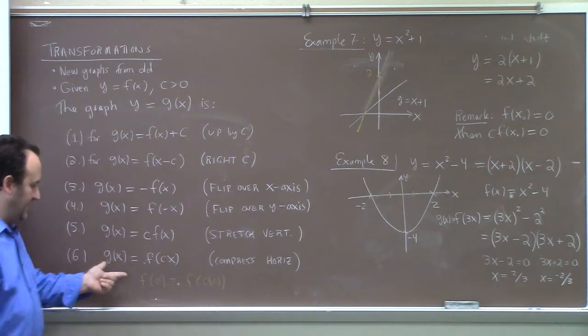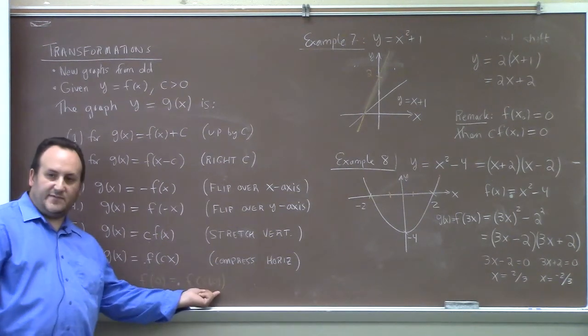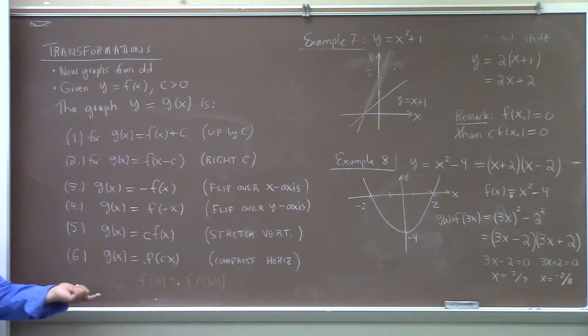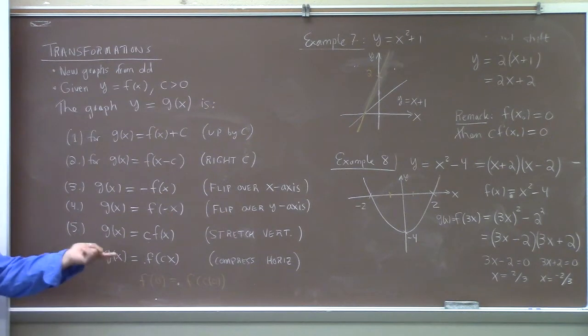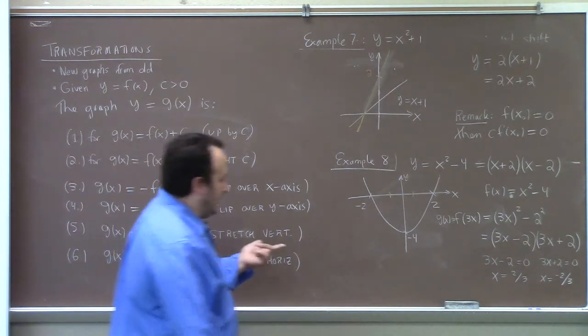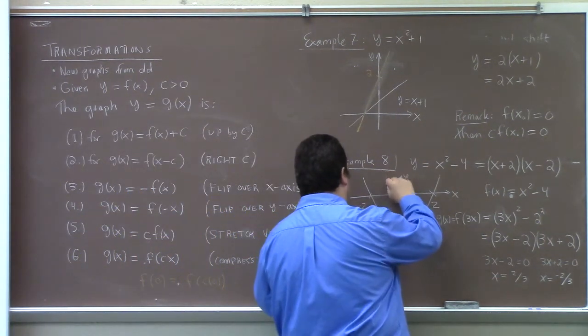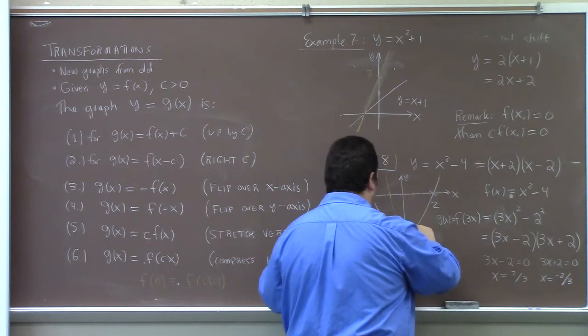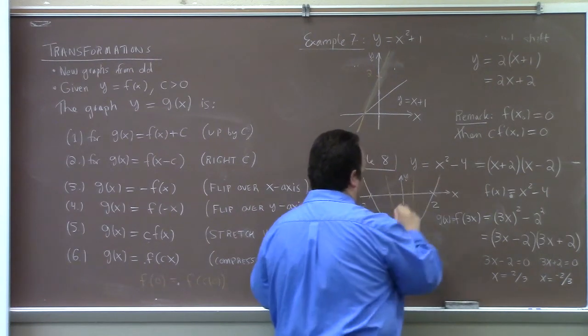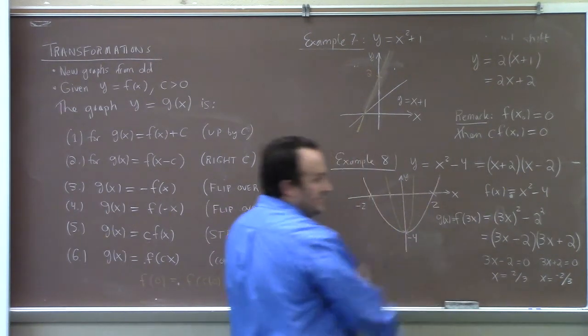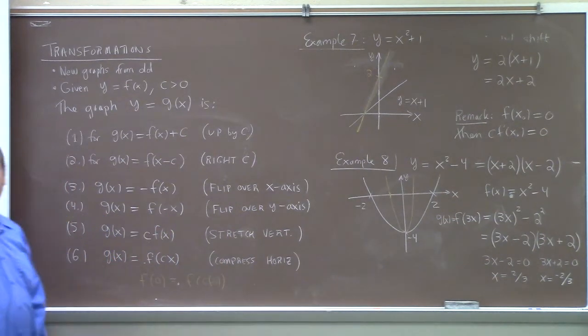If f of 0 is equal to f of c times 0, that means whatever is a y-intercept for your original function is still a y-intercept for your transformed function. And we're seeing that in our example. Minus 4 is still the y-intercept for the compressed function. It's just that it's squished by a factor of 3. Okay.